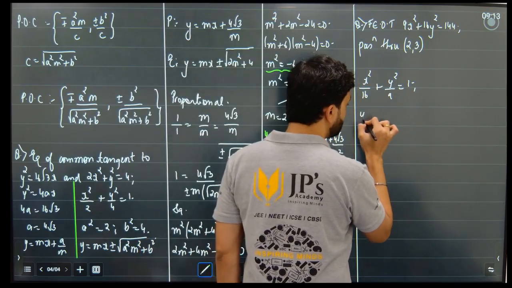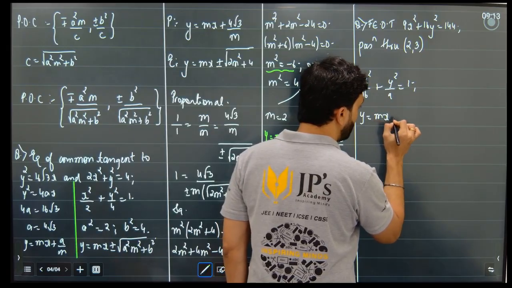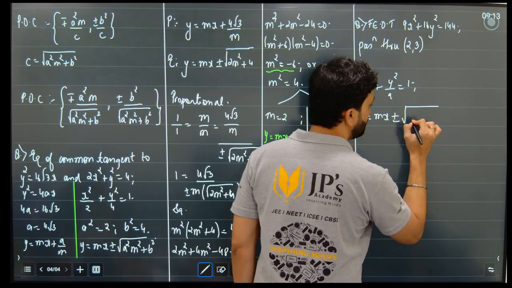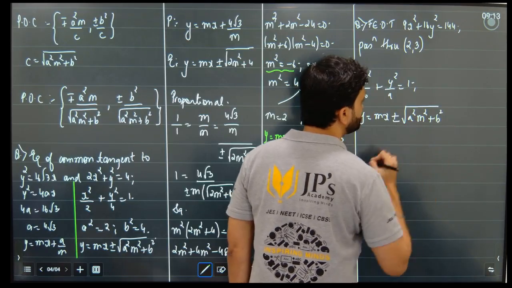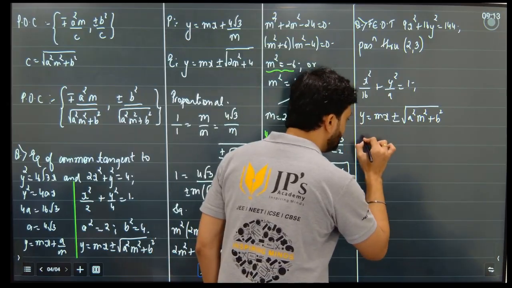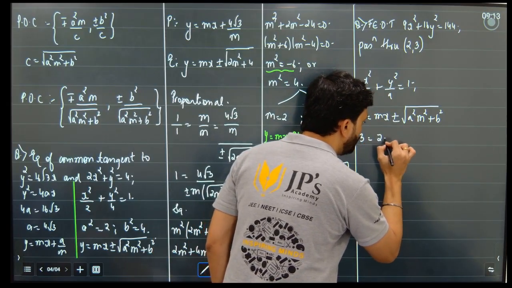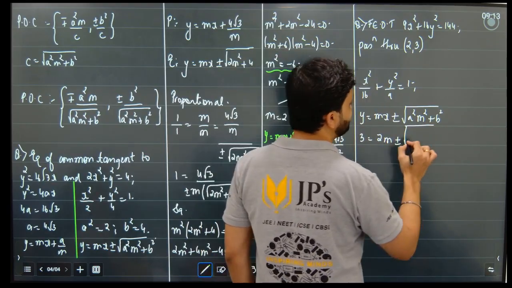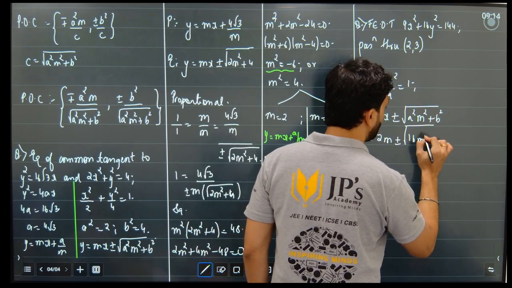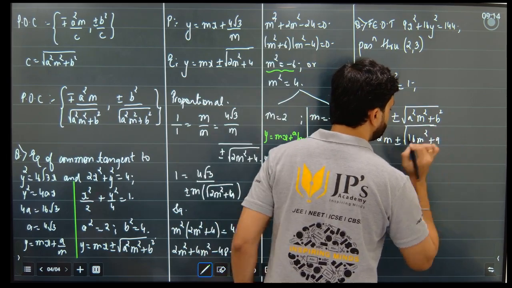Equation of tangent is y is equal to mx plus minus under root of a square m square plus b square. So 3 is equal to 2m plus minus under root of 16m square plus 9.